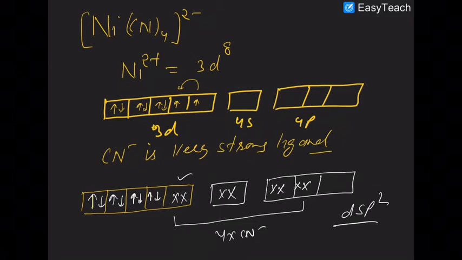Now what will happen in case of cyanide? Cyanide is a very strong ligand, it can cause pairing of electrons. Then actually what happens is that two times splitting happens. First the splitting happens in an octahedral manner, and then the splitting will happen to give you a square planar complex. Look at what is happening.